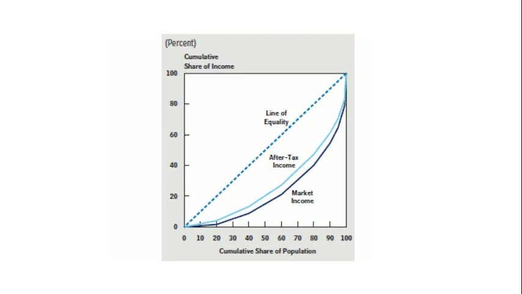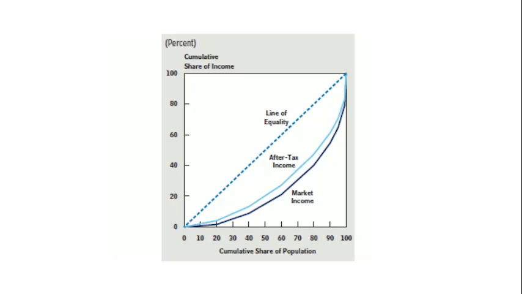With the Gini coefficient or the Lorenz curve, you can begin to see the impact of, say, taxes on the income distribution in the United States or any other country. So this is a picture of what happens to the Lorenz curve due to taxes. And you can see taxes tend to make the distribution somewhat less unequal. It moves the Lorenz curve closer to the line of perfect equality.